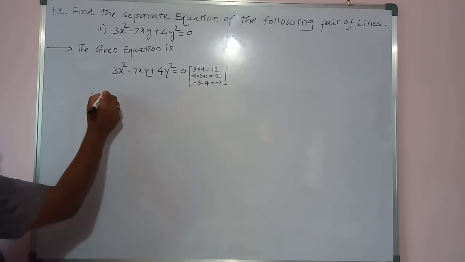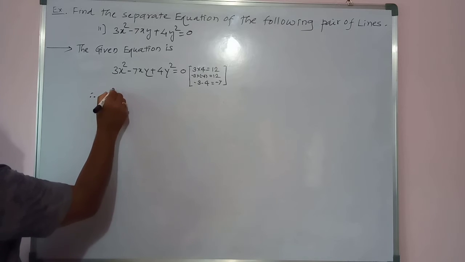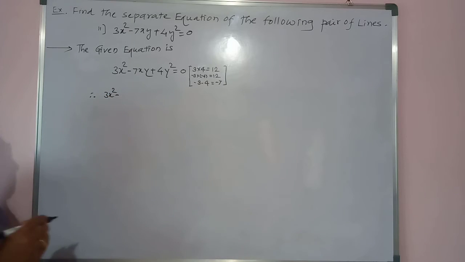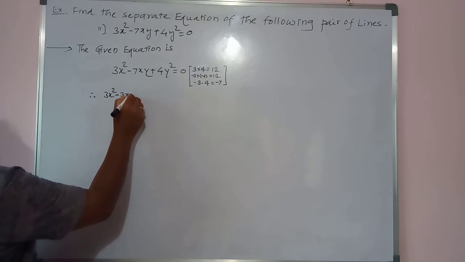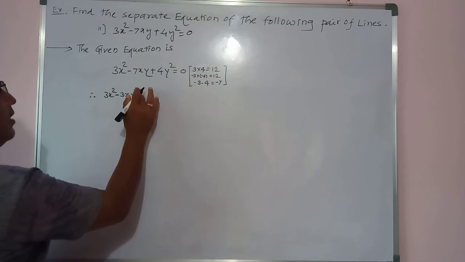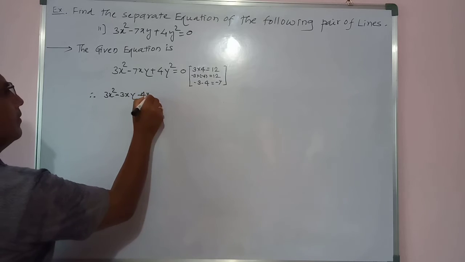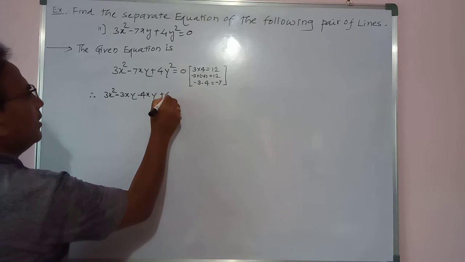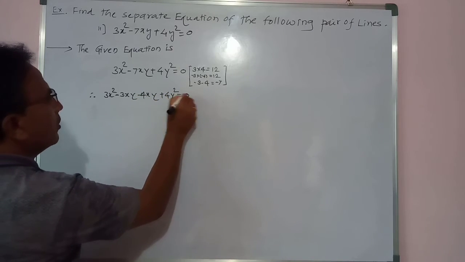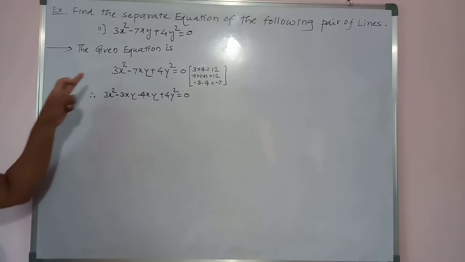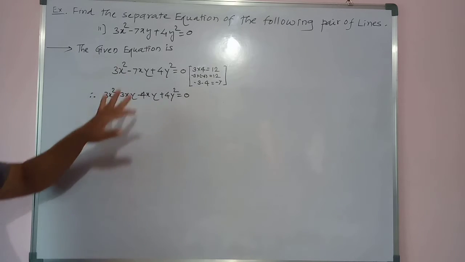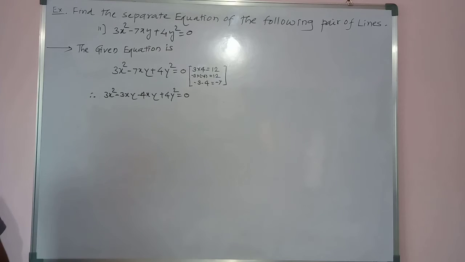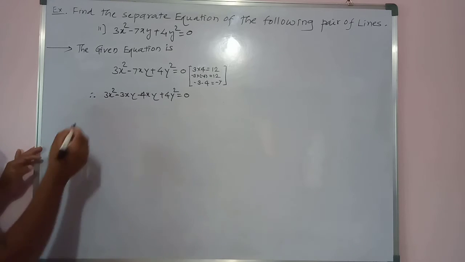Therefore, 3x² − 7xy + 4y² becomes 3x² − 3xy − 4xy + 4y² = 0.